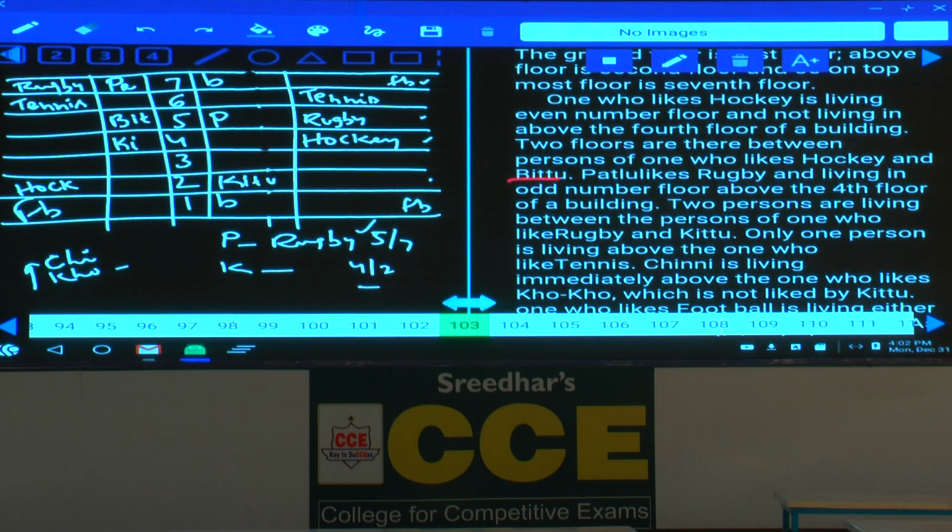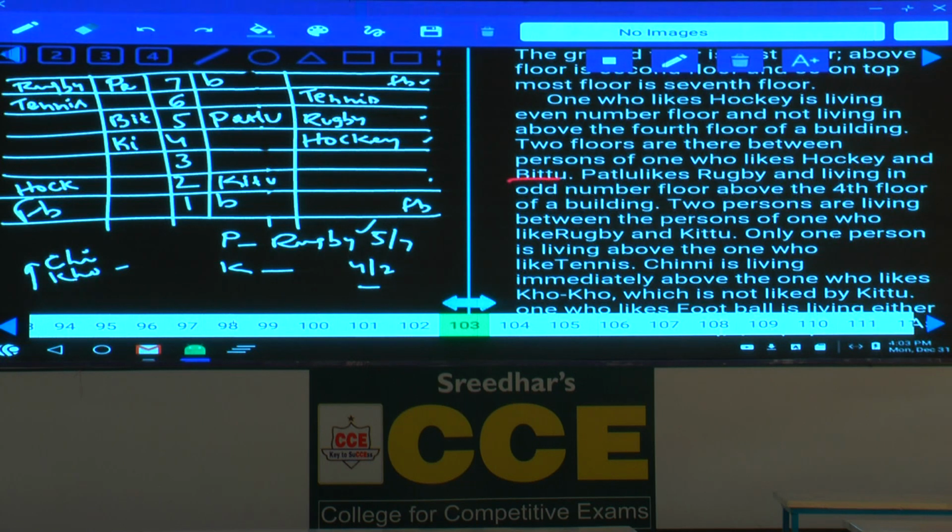This person lives on an odd number floor above the 4th floor. Only one person is living above the one who likes tennis, so tennis must be on the 6th floor, and Chinni is living immediately above the one who likes Coco.